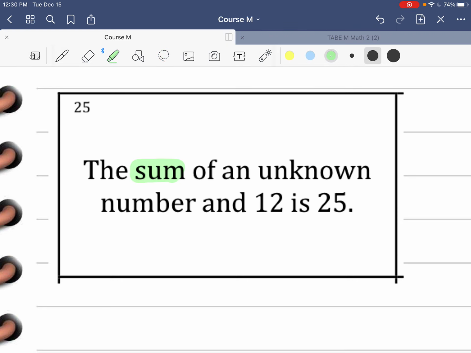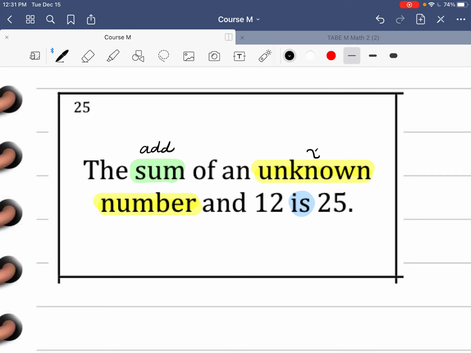The sum of an unknown number and 12 is 25. Sum means add. Remember from your keywords that we did, sum is an addition word.